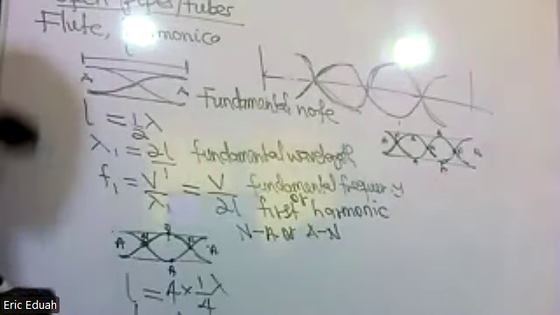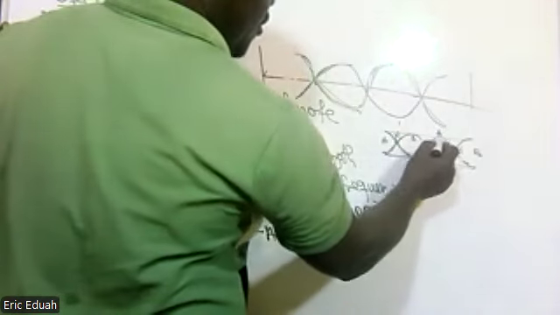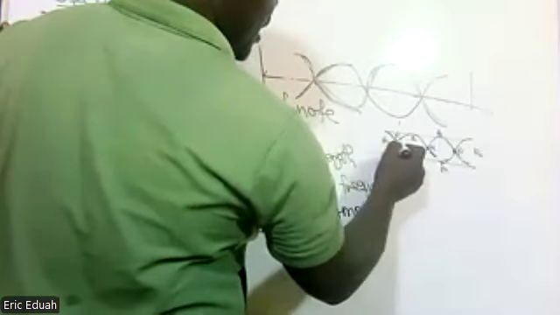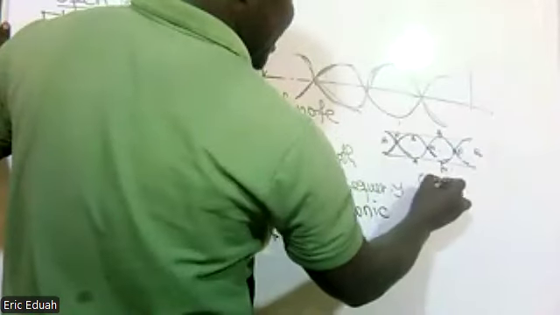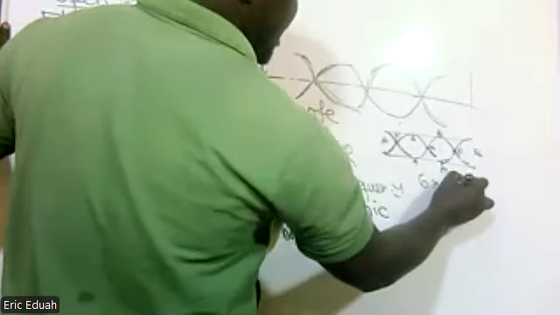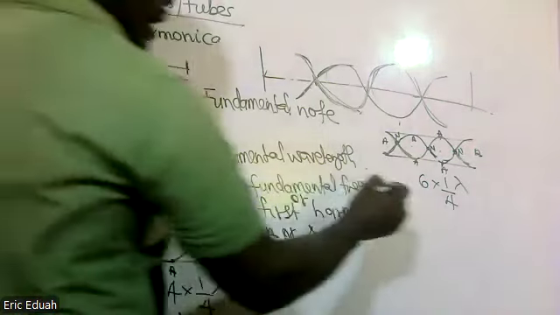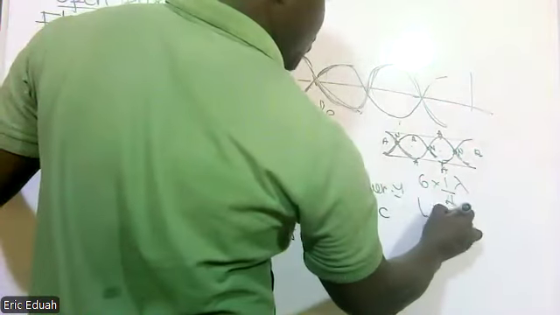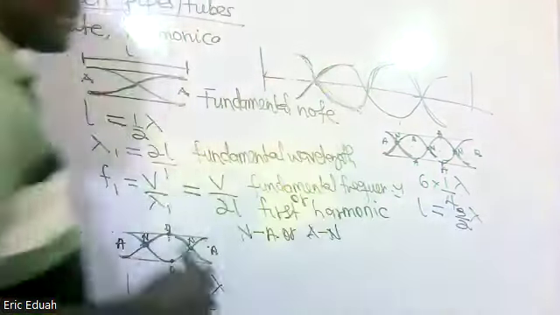So Charlotte, I'm counting again. 1, 2, 3, 4. 1, 2, 3, 4, 5, 6. So 6 times quarter lambda. So I have L being equal to 3 on 2 lambda.